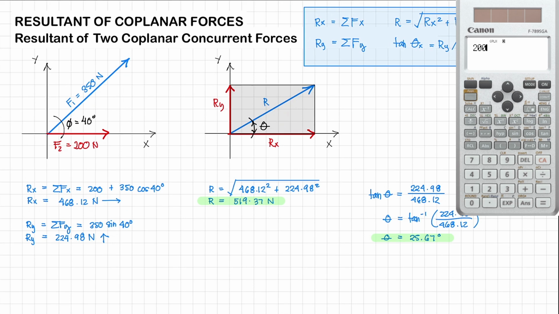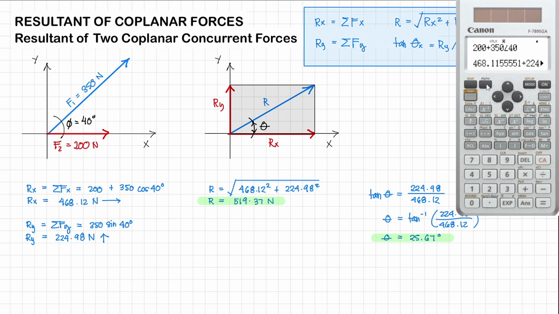So 200, it has no angle, so angle 0 siya. Plus F1, that is 350, and it is acting on an angle of 40 degrees. Right? And then just press equal.